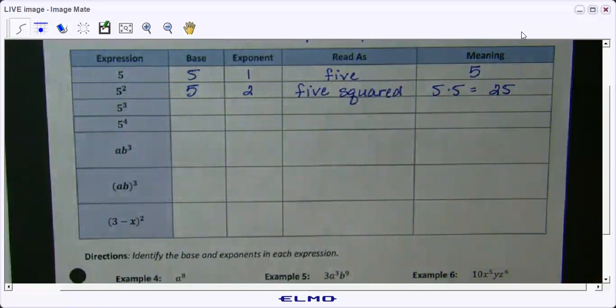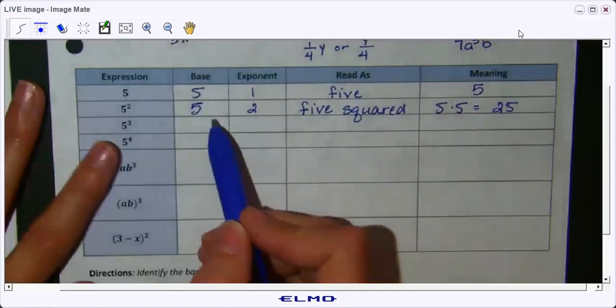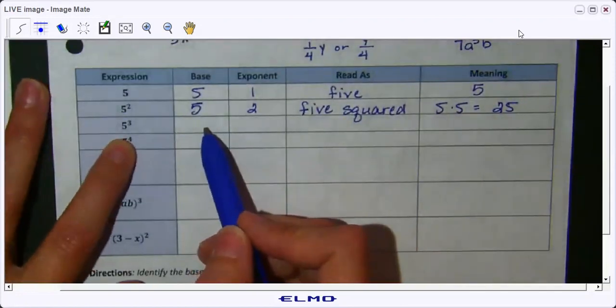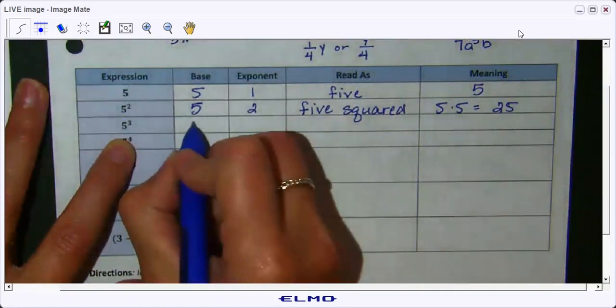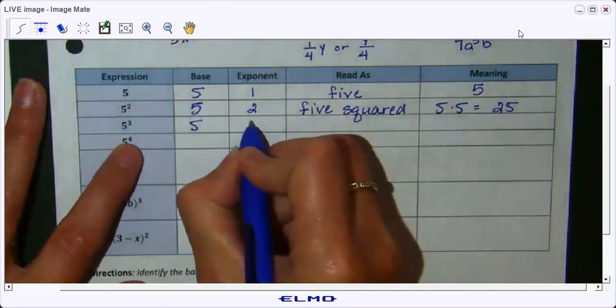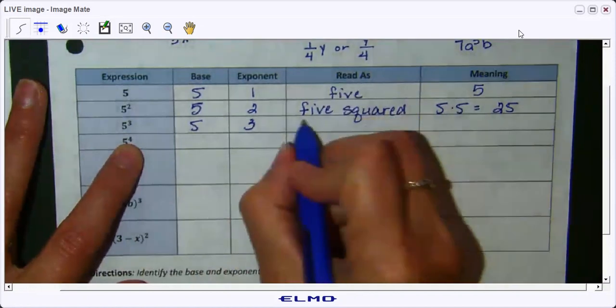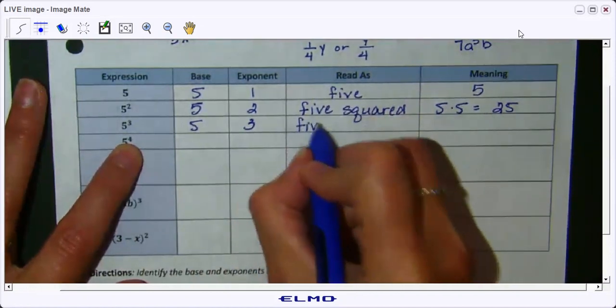Any questions about that? Okay, on your own or with your partner, I want you to do the next 2. Okay, so the base, 5, our exponent, it's read as 5 cubed.